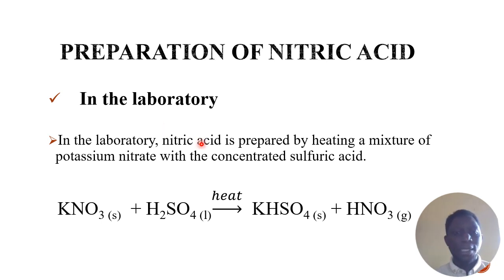In the laboratory, nitric acid is prepared by heating a mixture of potassium nitrate with concentrated sulfuric acid. When potassium nitrate reacts with concentrated sulfuric acid, remember there is the presence of heat. This produces potassium hydrogen sulfate and nitric acid.